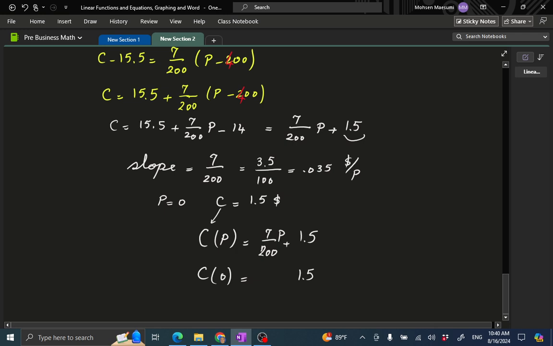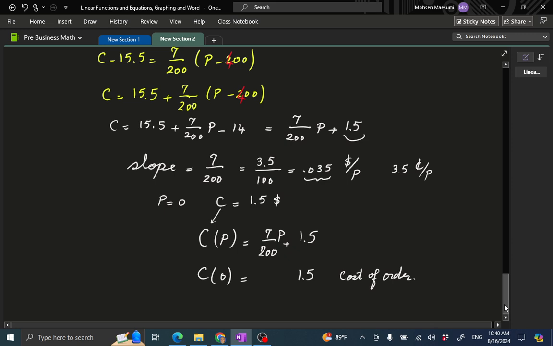So the meaning of this is the cost of ordering anything. Your basic cost is $1.50, and then per page they charge you like 3.5 cents. So 3.5 cents per page. So that's the meaning of the ingredients of your problem.